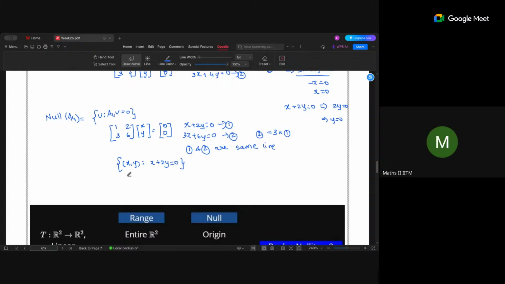If you want to rewrite it, you can rewrite it as the set of all (x, y) such that y is equal to minus x by 2, where x is in R. Why am I doing this rewriting?